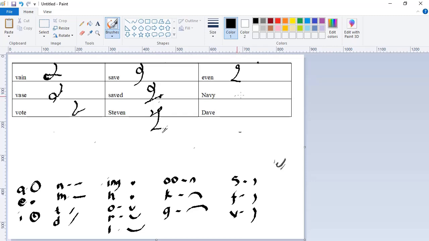Even. Navy, we have N-A-V-E, and then you have your capital symbol. Navy. Next, Dave, we have D-A-V. Dave. Okay, so, ina-exaggerate ko lang yung ating letter V ha, pero huwag namang ganyan.